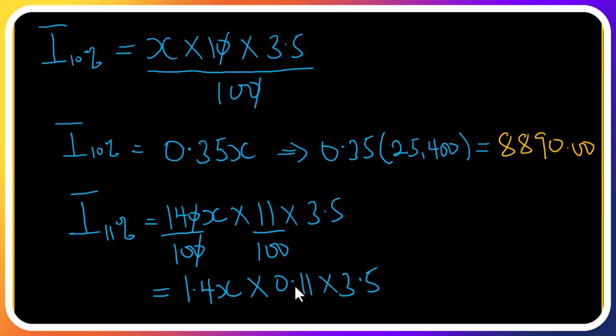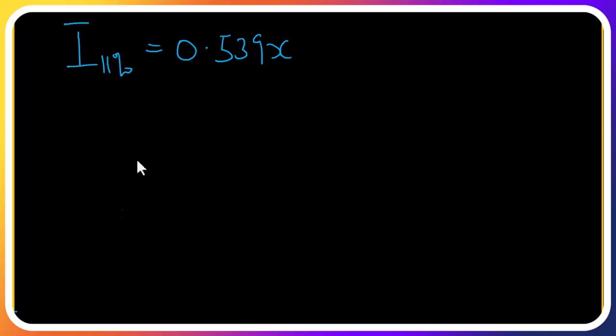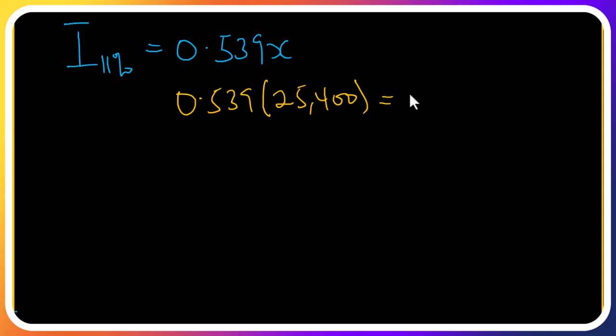Now we can also find the 11% interest earned at the end of the 3.5 years. The 11% interest earned is 0.539 by 25,400, and this gives us 13,690.60 Ghana cedis.